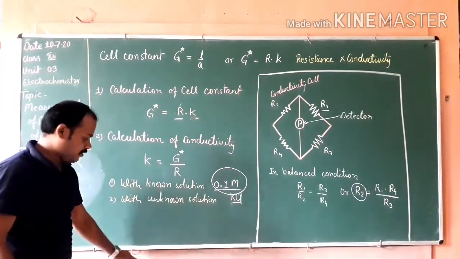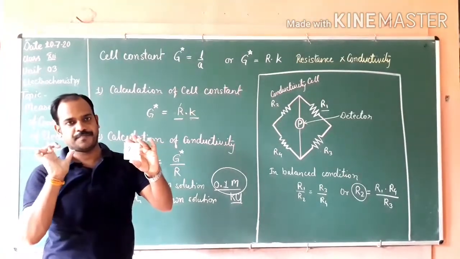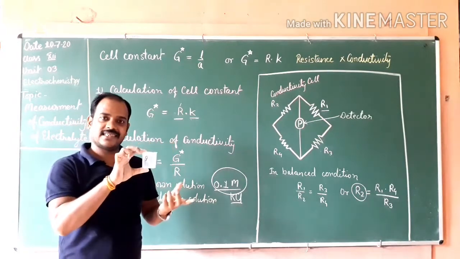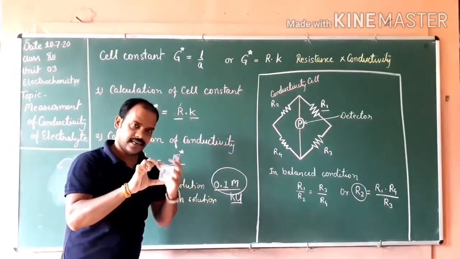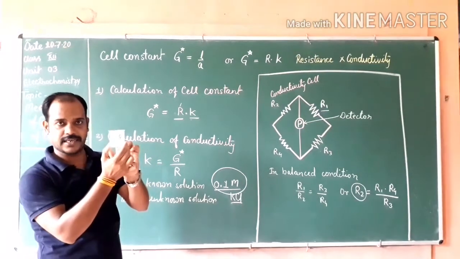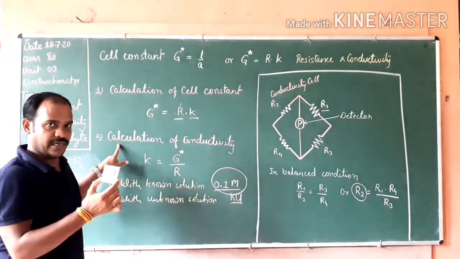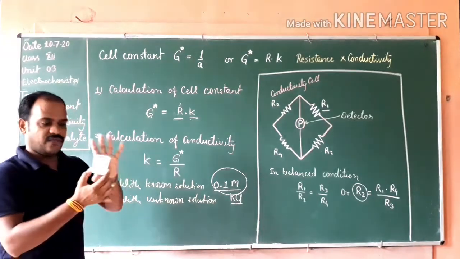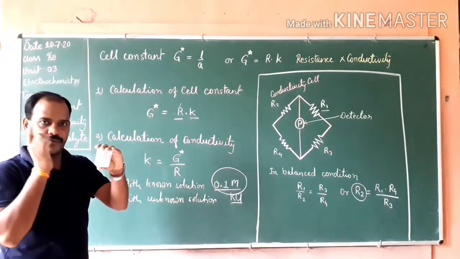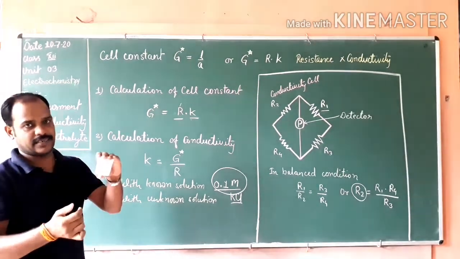Now the second step. The cell constant of this conductivity cell, we know it. So the second task is, since we know the cell constant of this conductivity cell, we will now fill this conductivity cell with the solution for which we are going to calculate the conductivity.